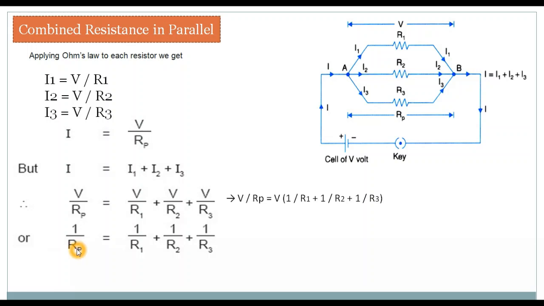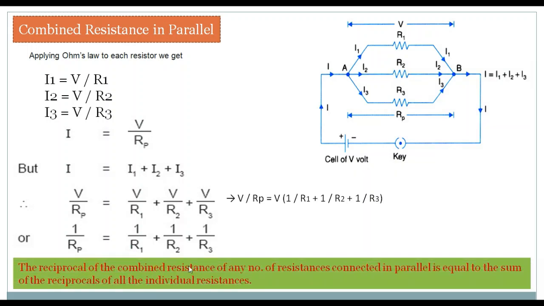That means the reciprocal of the combined resistance. And this is 1 by R1, the reciprocal of this resistance. That means the reciprocal of the combined resistance of any number of resistances connected in parallel is equal to the sum of the reciprocals of all the individual resistances.